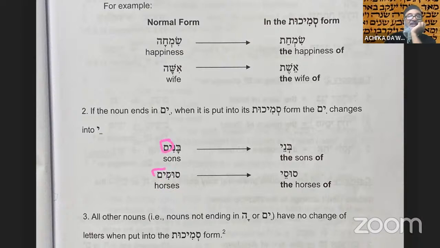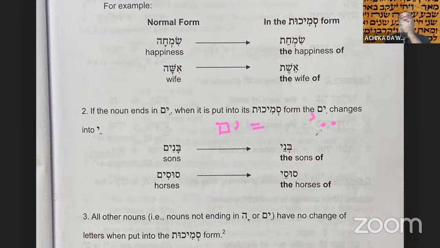The sons are masculine. So the rule is if you have this on the end of any noun and you put it into the Semi-Coup form, the first position noun, it will change and drop off the mem and it will become the nay. So the formula is this. You're going to move away from a yod and a mem, and when you put it in a Semi-Coup form, it's going to turn into 2 dots and then a yod.